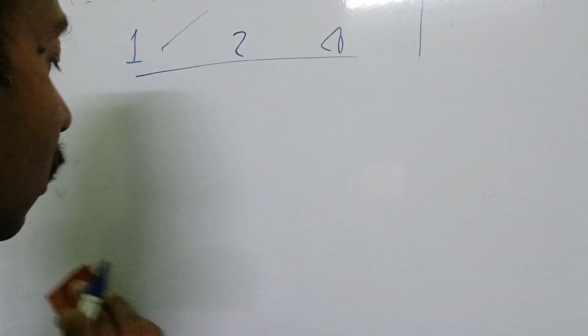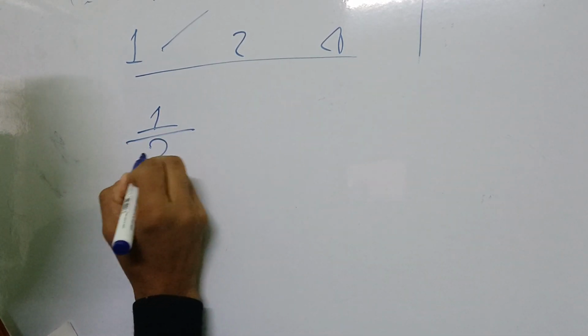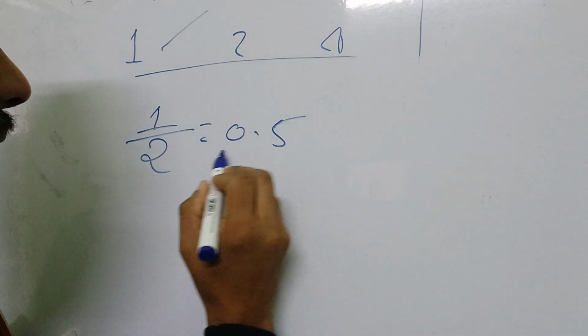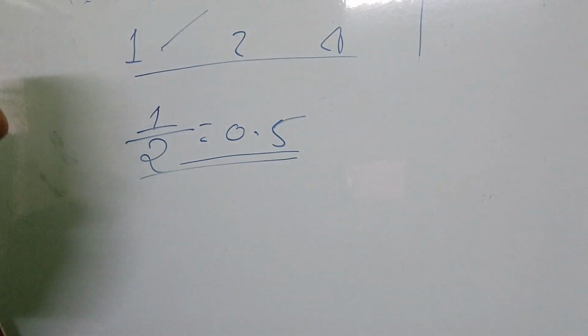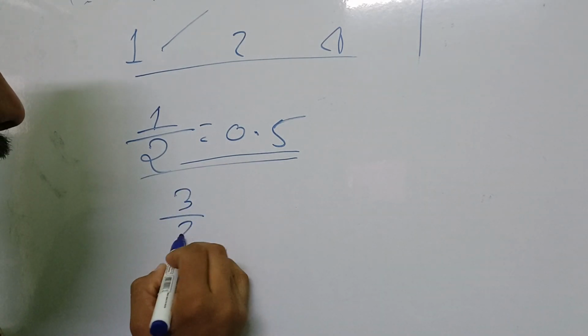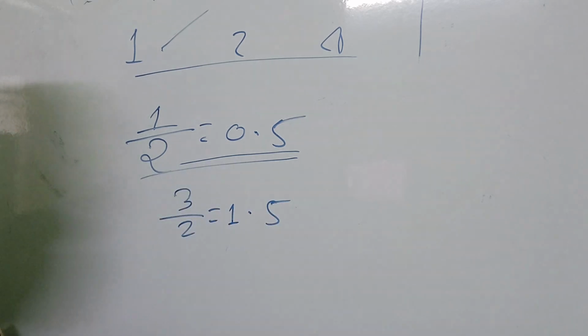Now, 1 by 2 can be converted to 0.5. Similarly, 3 by 2 equals 1.5.